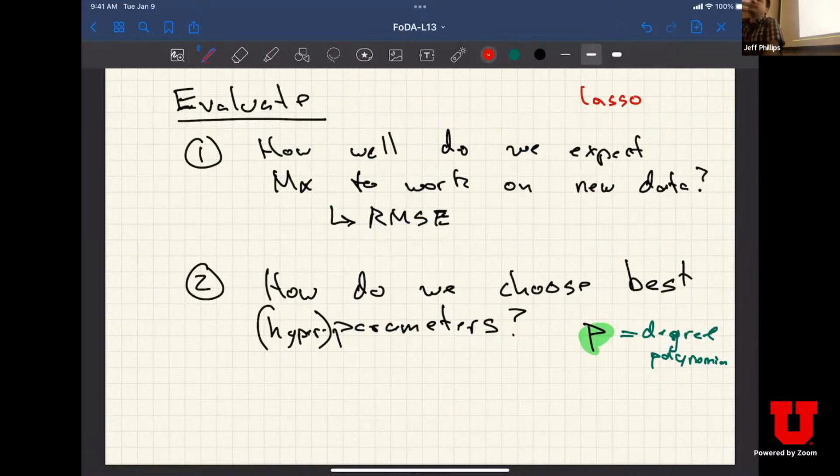Is there a way to find a gradient with respect to the hyperparameter? Yeah, okay. You just have to try every one. In this context, we're going to try every one. We'll talk about gradients after break.